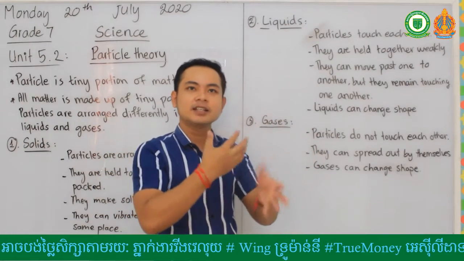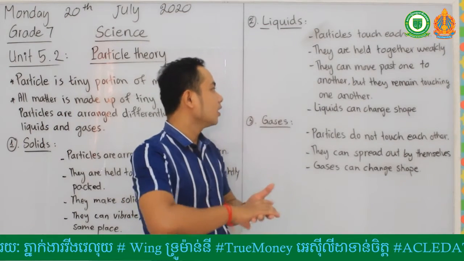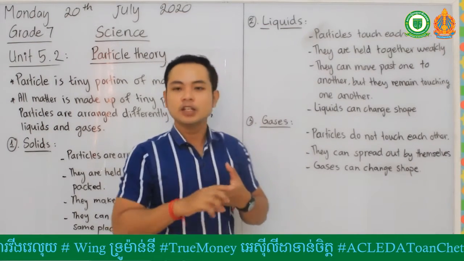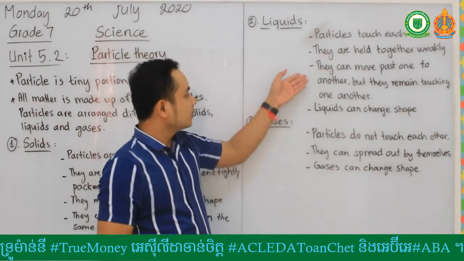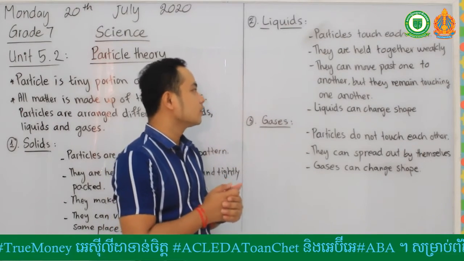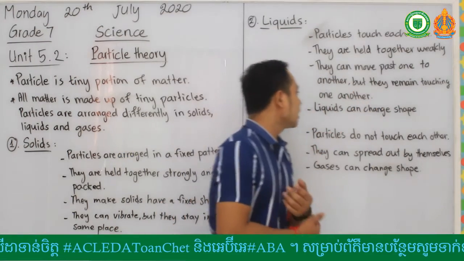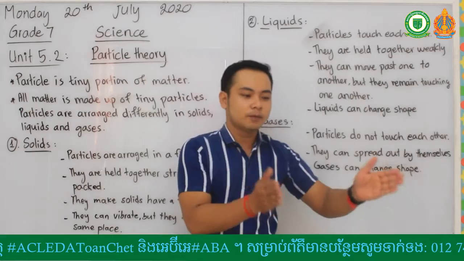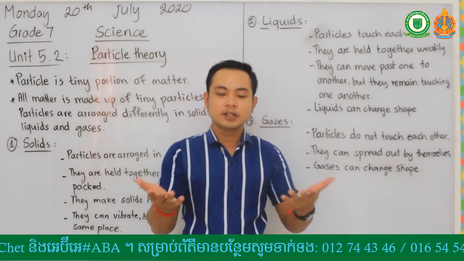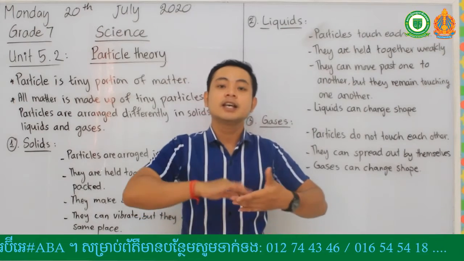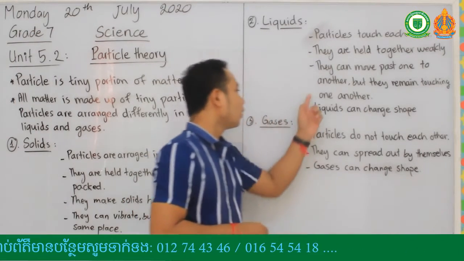It is kind of separated. They are held together weakly, not strongly like solids. And they can move past one another, but they remain touching each other. Even if you break one side from another side, the particles still touch each other.